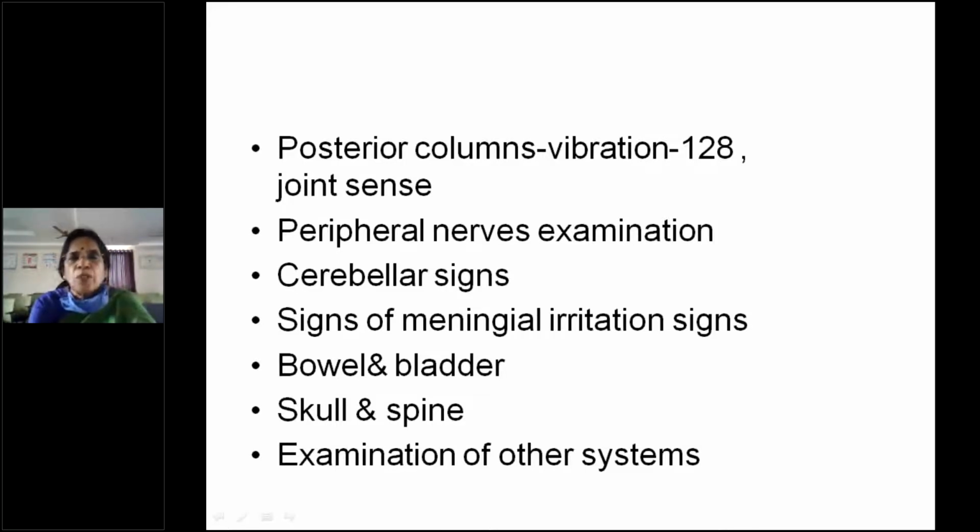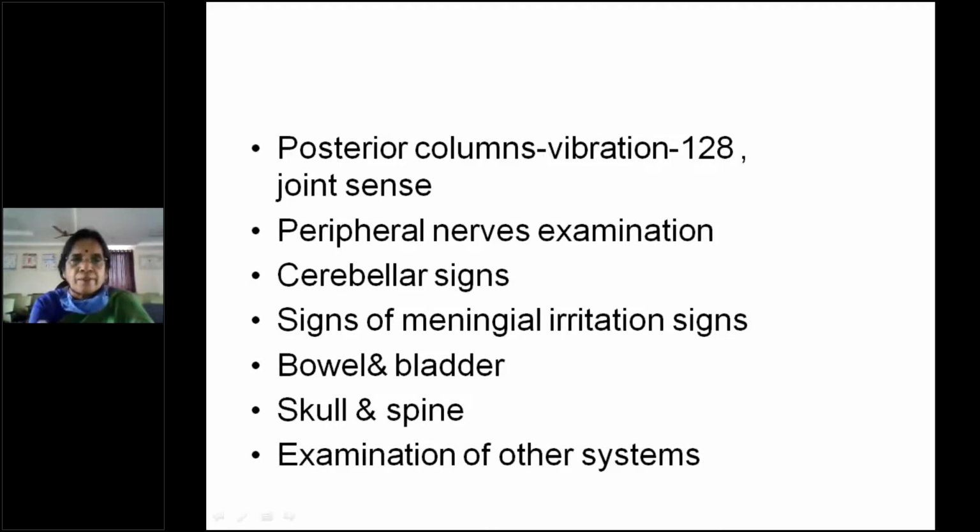Usually the joint sense will be lost in case of posterior column involvement. Vibration and joint sense both will be lost, and the earliest is the vibration sense and the late is the joint sense. Another test is to keep one limb in one particular position and ask the patient to keep the other limb in the same position.